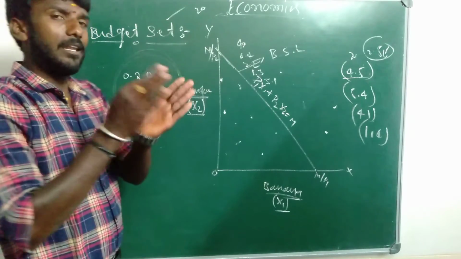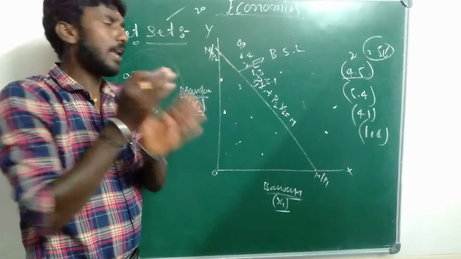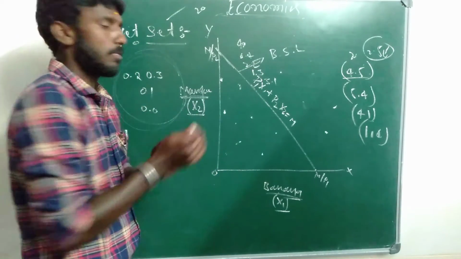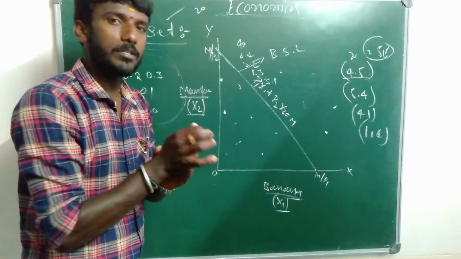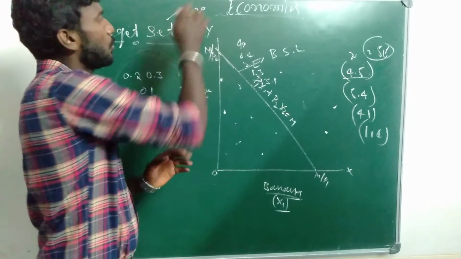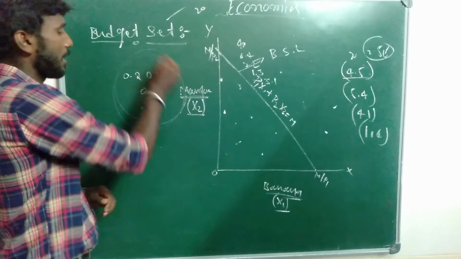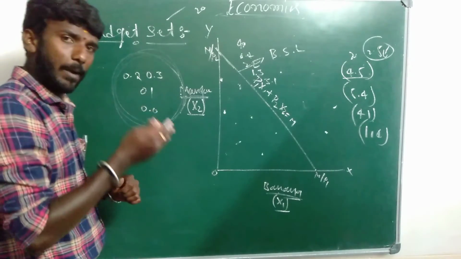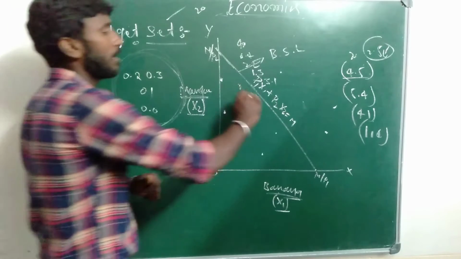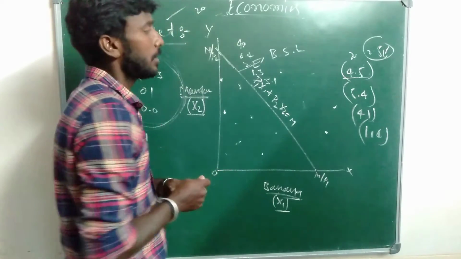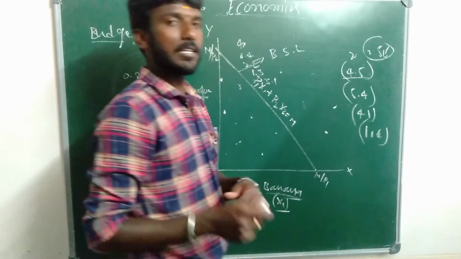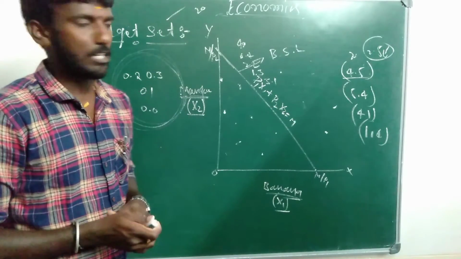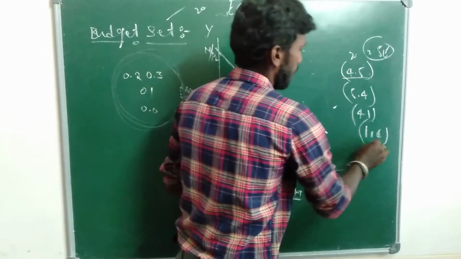Now if any point or bundle lies below this line, it means the bundle's cost is less than the consumer income, like these bundles. If any bundle is located above this line, all those bundles' cost is more than the consumer's income, like these bundles.